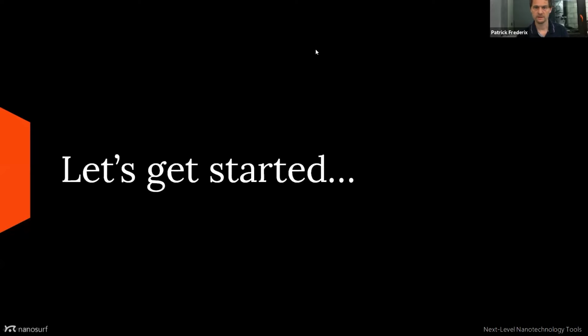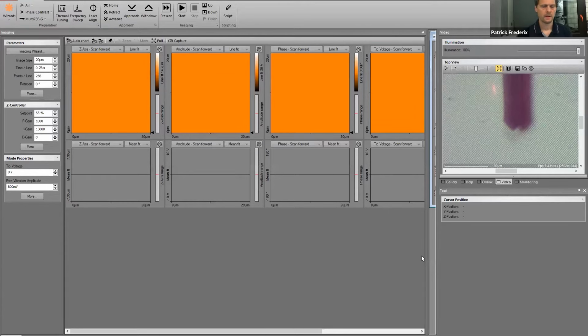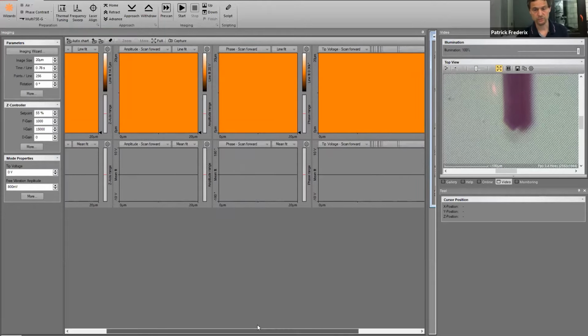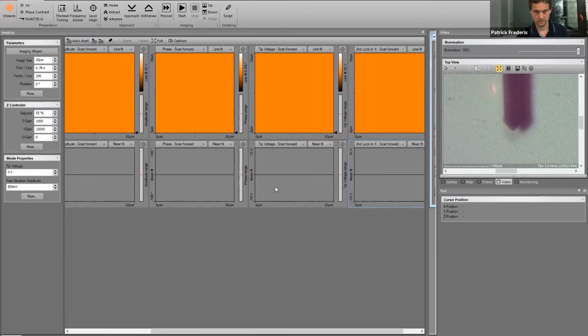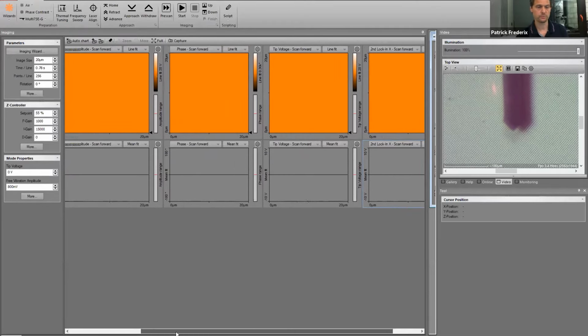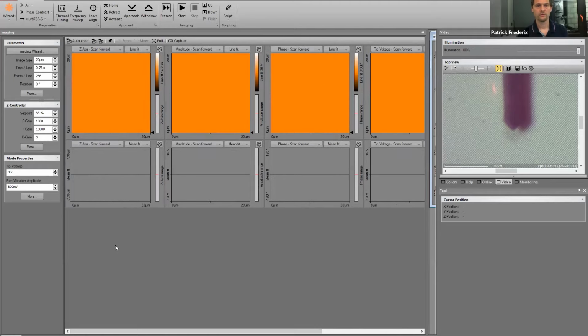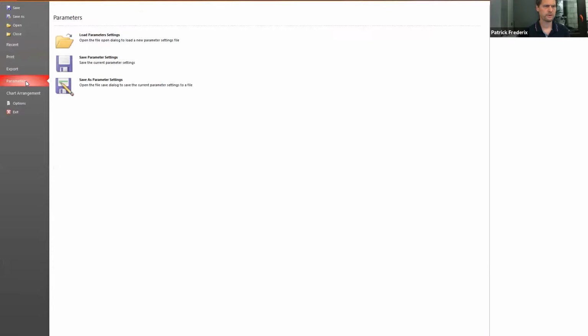So let's get started, and let's switch to the AFM software. And here you see the software. I already activated the KPFM, so you see here also the tip voltage, which is the output of it. And I used before a parameter file to load it.